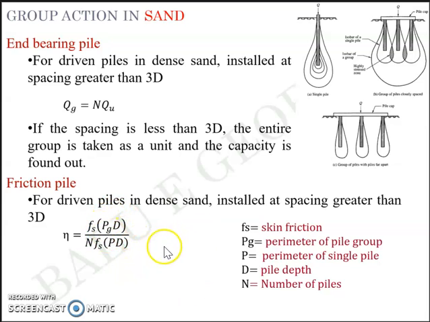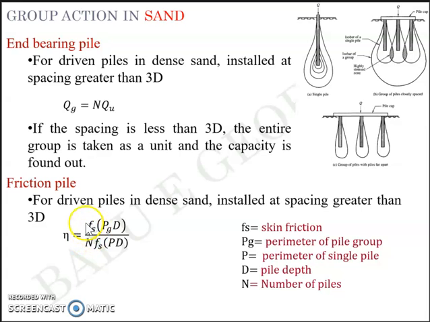Let's take an example where you have 2 by 2 piles, making a 4 pile group, 1, 2, 3, and 4, right? So that pile group will have a perimeter. The perimeter Pg multiplied by the depth gives you the surface area of the thus formed group.